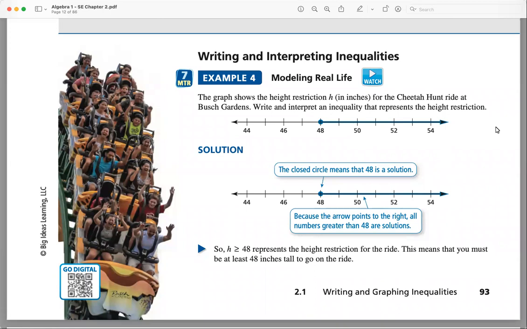And if we're going to the right, okay, that means that those are all the possible solutions. So what does it mean? That you have a restriction and you have to be at least 48 inches to ride on the cheetah hunt, which anytime we go to any one of these amusement parks, there's always a height restriction on these rides.